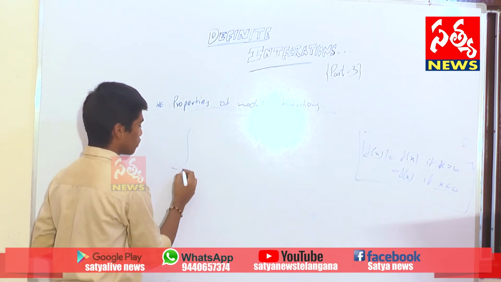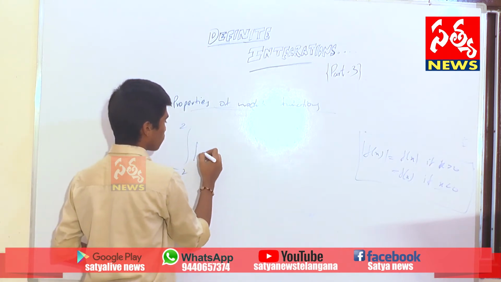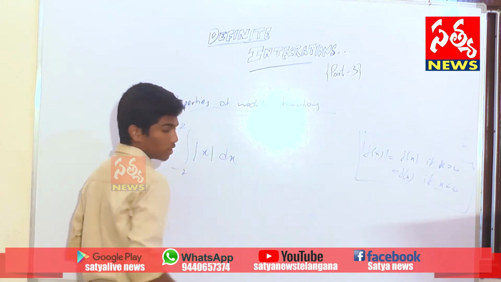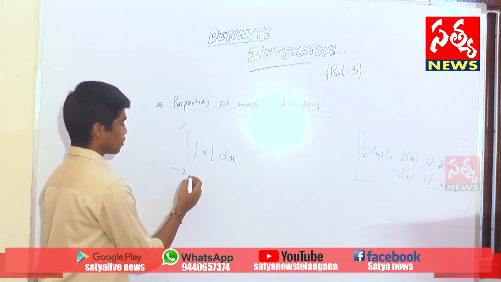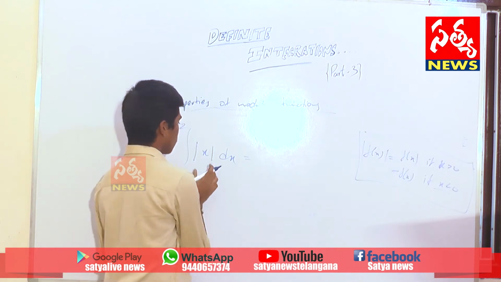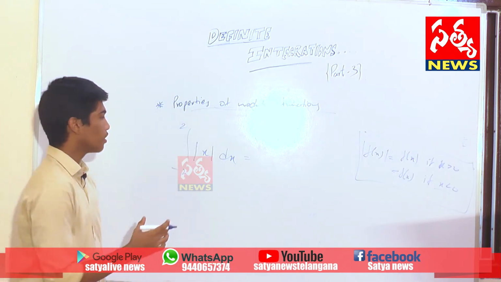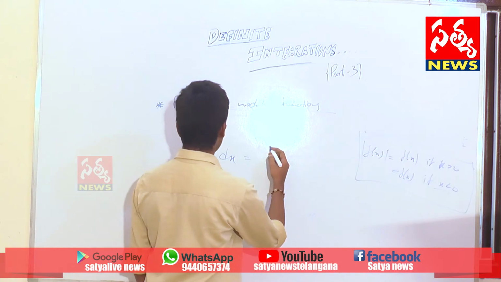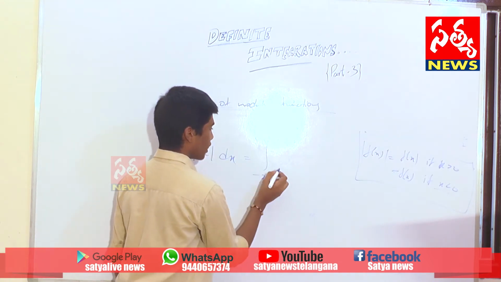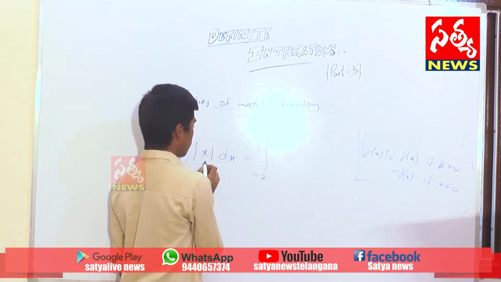See, this is a function, right? As mod x is there, we have to split this as minus 2 to 0 and 0 to 2.